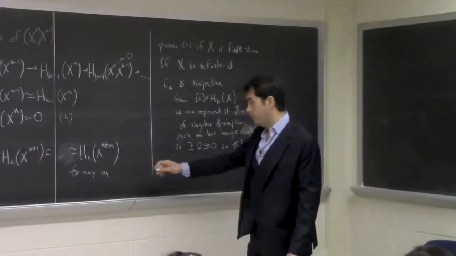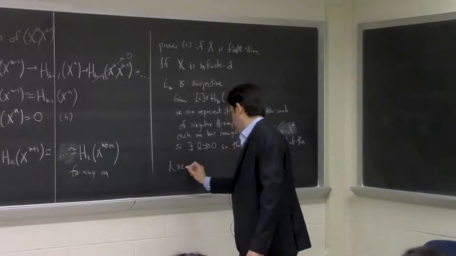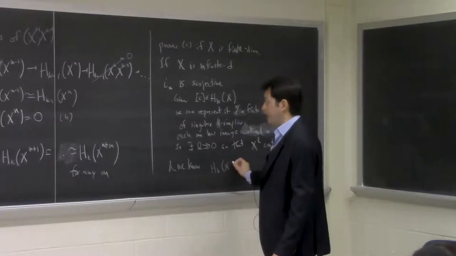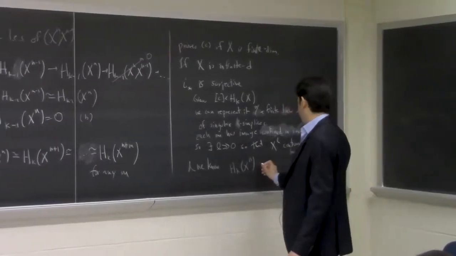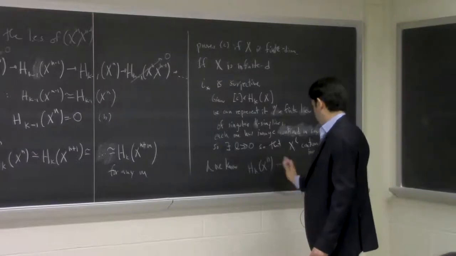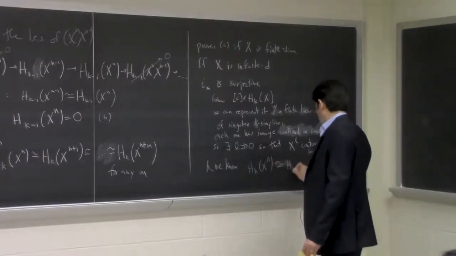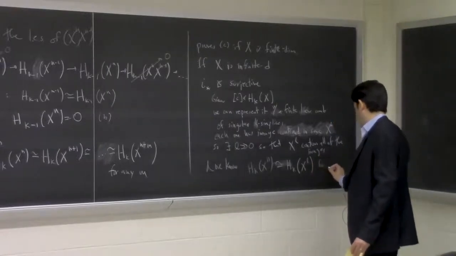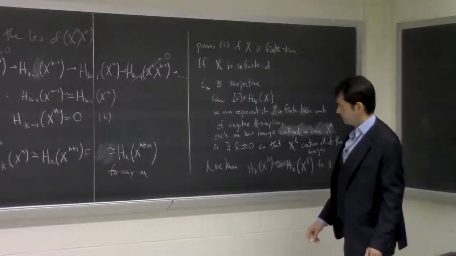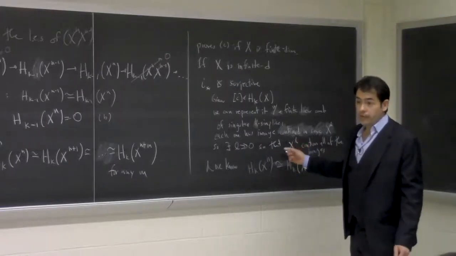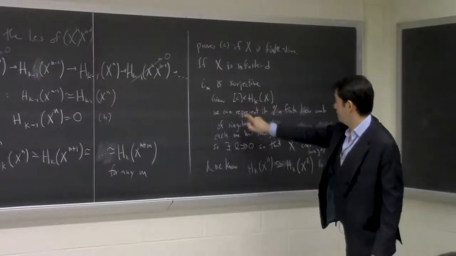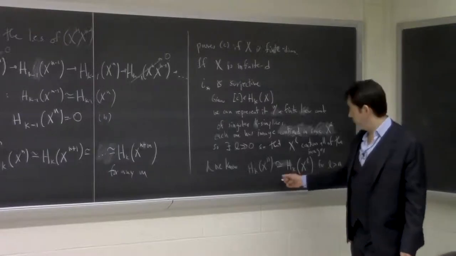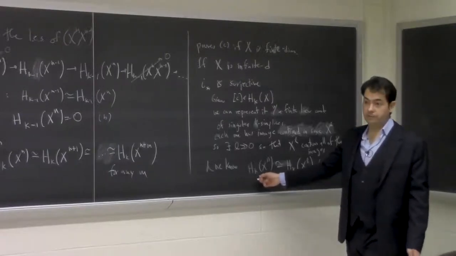Okay, and then we know that H_k of X_L is isomorphic to H_k of X. Right, so that particular class is actually present here, and so it's in the image of I star.